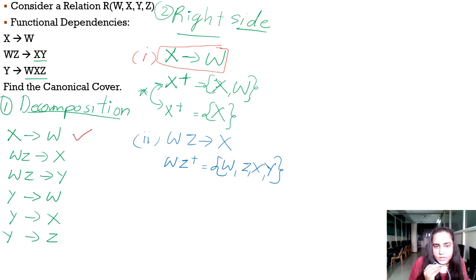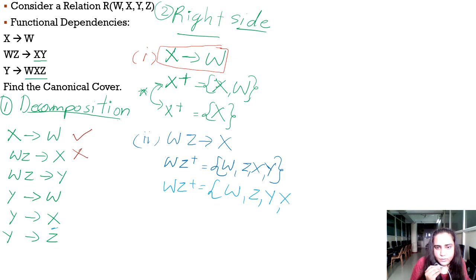Now let us see what happens if I remove WZ determines X. I am no longer considering this dependency, and I'll try to find the closure of WZ. WZ plus is equal to W and Z. Now using W and Z, can I add Y? Yes, I can add Y. All that is remaining is X, and I can add X also using this.